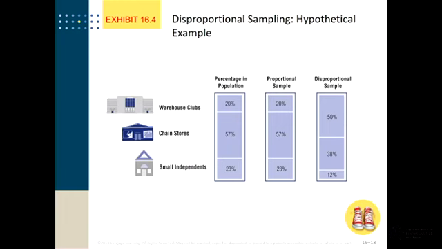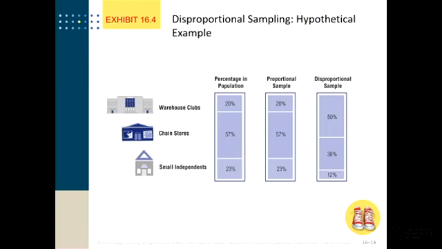These are numbers. Now, if your data is sales, although our warehouse clubs are only 20 out of 100, they probably cover even about 50% of the entire sample, because warehouse clubs' sales revenue is much, much higher than chain stores and small independents.